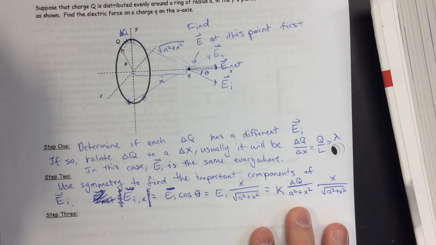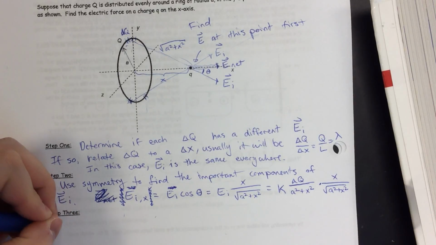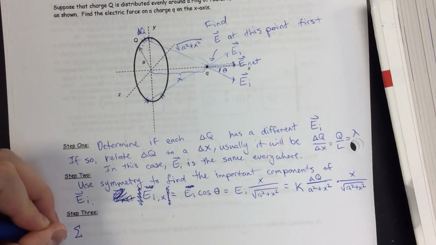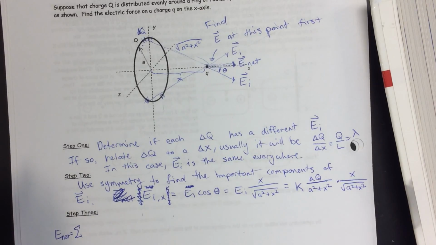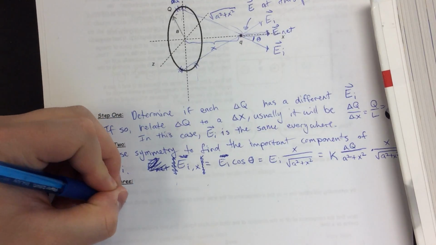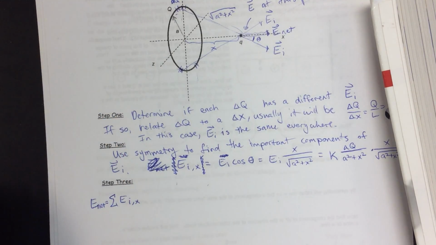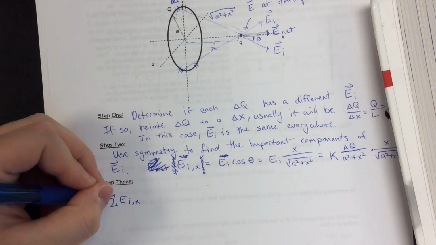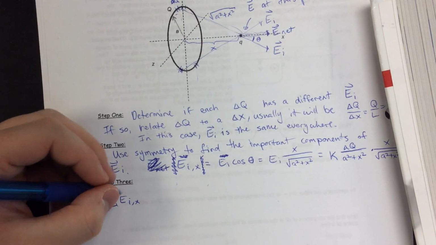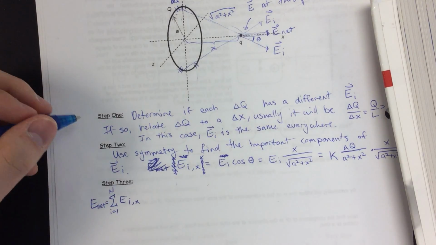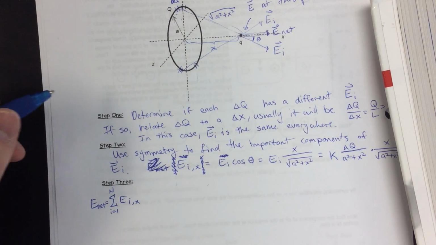Okay. So now we're going to find the sum. So E net is going to be the sum of these, or if I were to be complete, we have i equals 1 to some number, however many slices we want to make, right?